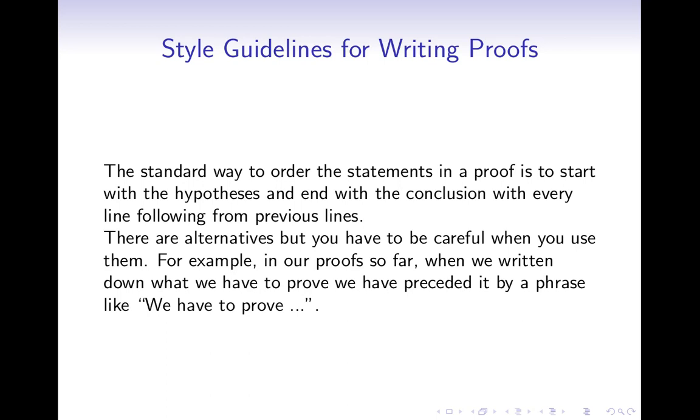So, for example, in our proofs so far, and this is what I usually try to do, after writing down my assumptions, I write down what I have to prove to keep myself on track, and I think it makes it easier for other people to read the proof. But when you do that, you have to make sure that it's clear that what you've written down is something that you still have to prove, which you could do by preceding it with the phrase, "we have to prove."